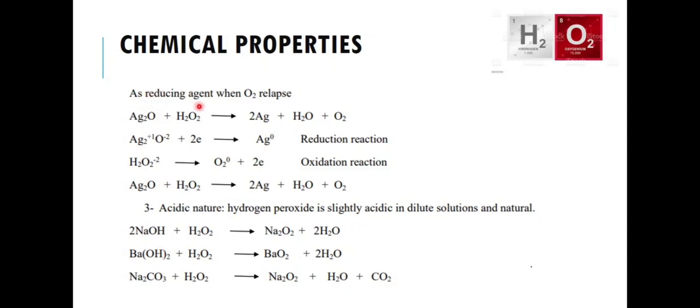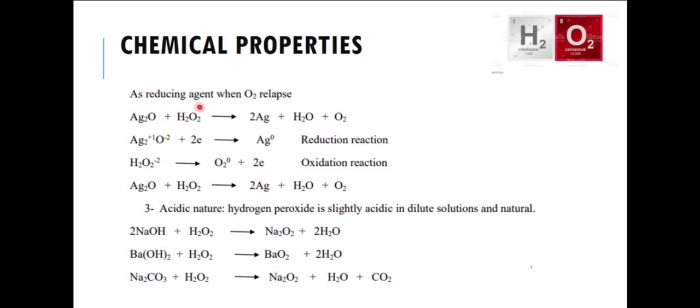First take a small quantity of hydrogen peroxide, then add potassium permanganate and sulfuric acid. Here the potassium permanganate is decolorized by the acidified hydrogen peroxide.